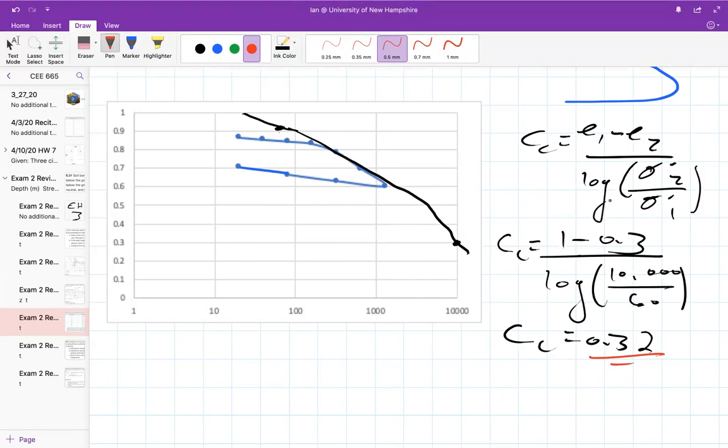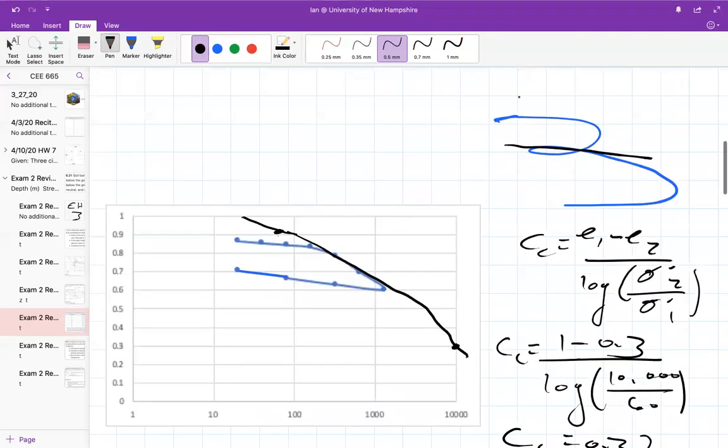Now, how are we going to get our recompression index? As I stated earlier, if we had the nice loop, we would just get it from here. But you have to remember, in our test, we're loading this clay up, and then we're releasing the pressure and recording it.